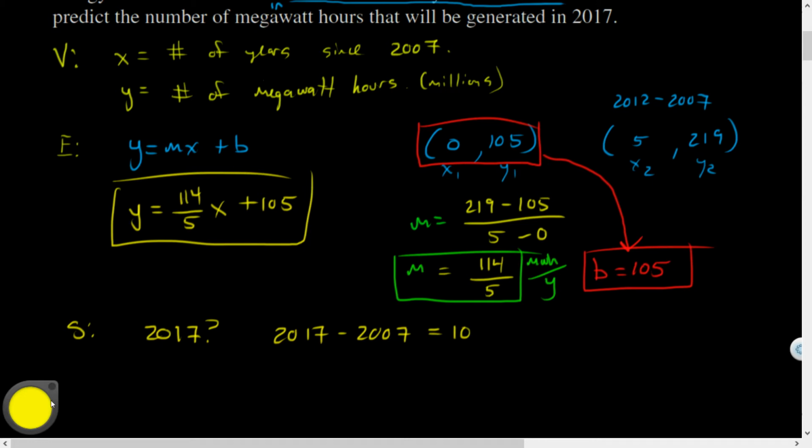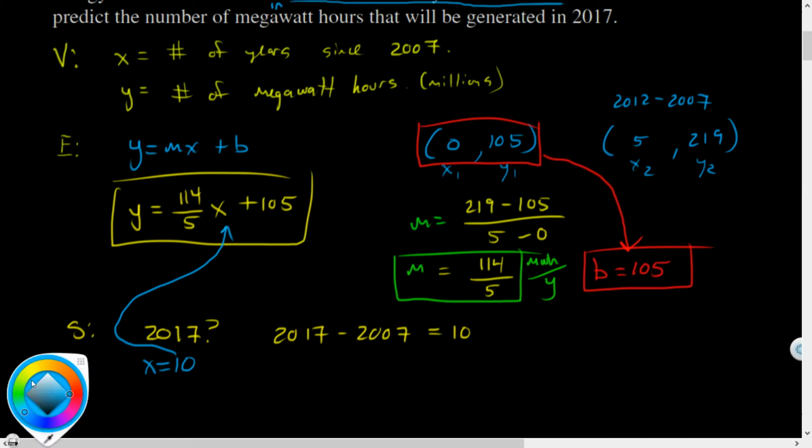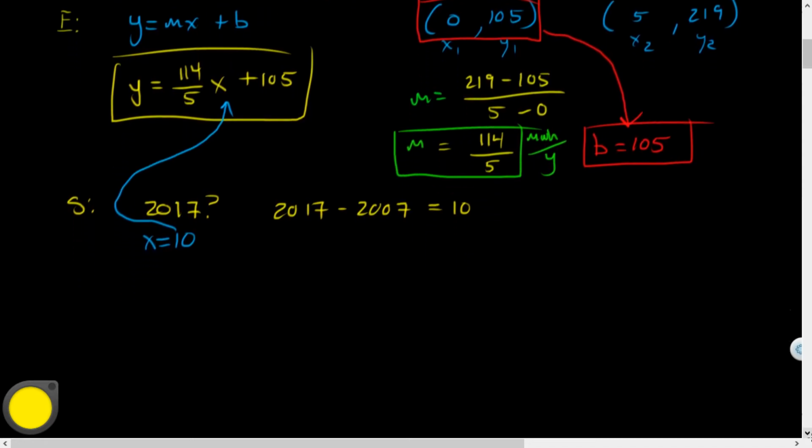So what I'm going to do to predict this, I'm going to say let x equal 10, and I'm going to plug this into my model and see what y equals. I could also use this to predict 2027 if I plugged in 20 for x. I could plug in all sorts of numbers for x and use the model to make predictions, which is one of the values of having a model in the first place.